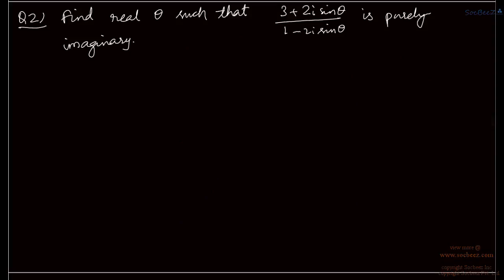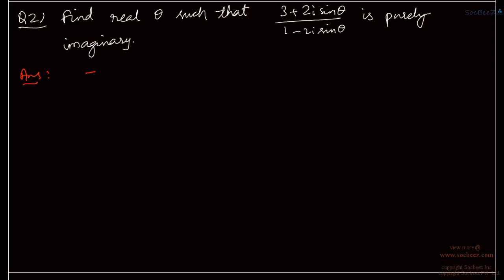Okay. The second one, find real theta such that 3 plus 2i sin theta by 1 minus 2i sin theta is purely imaginary. Okay. Now, what do we do for this kind of question? Since we have to find out the values of theta, what we will do is first simplify the expression, right?